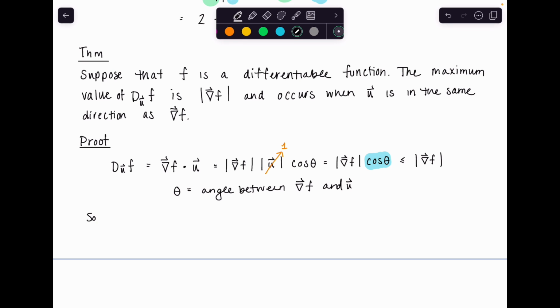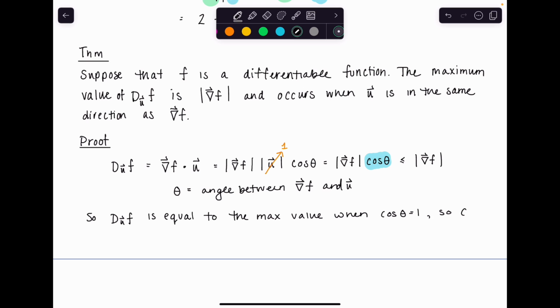And just to summarize that last part, the directional derivative is equal to the maximum value when cosine of theta equals 1. So ultimately, theta has to equal 0.